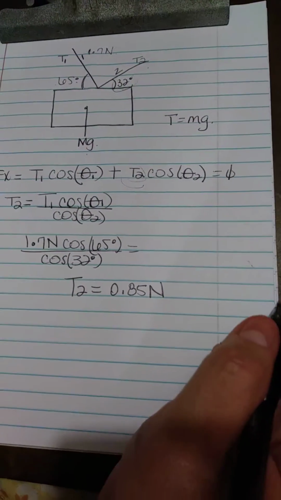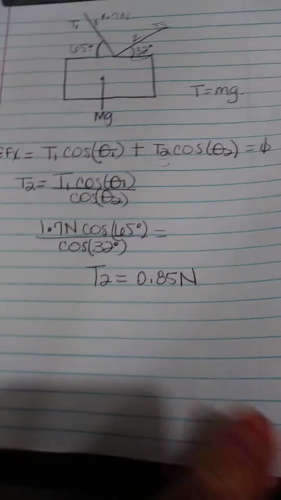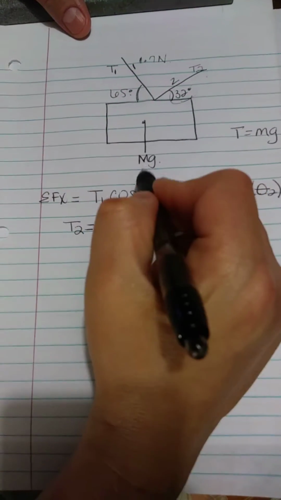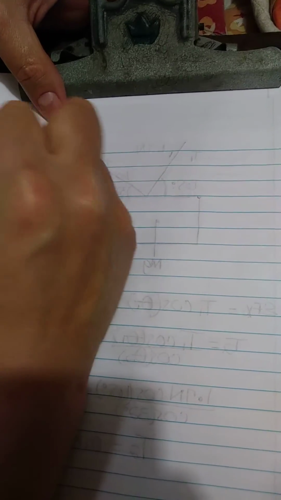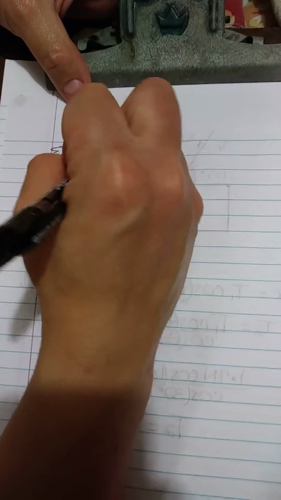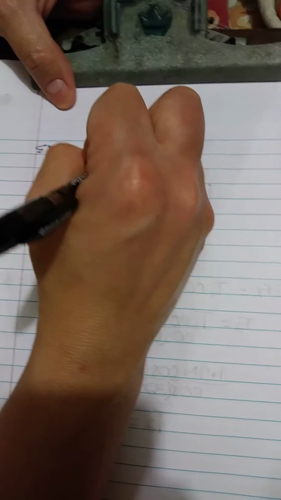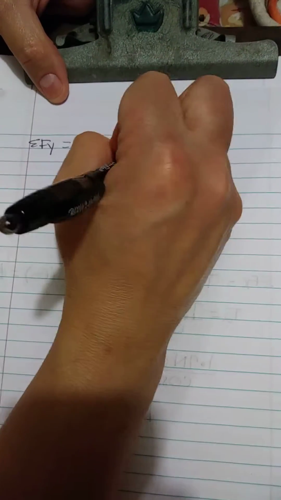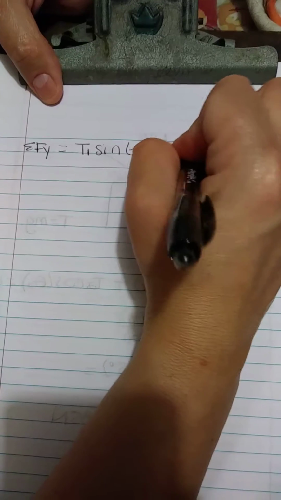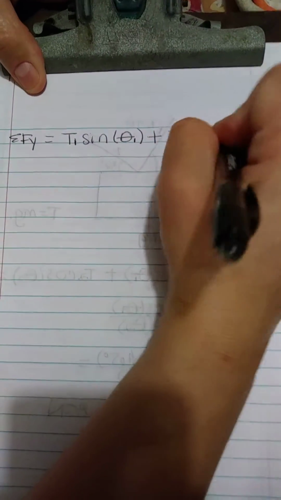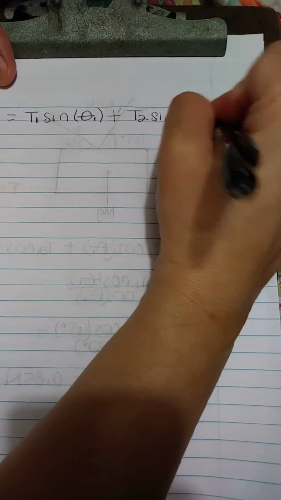Okay, now we need to solve for the weight, which is going to be in the y-axis, and our mg, the mass and gravity, are in the y-axis. So we need the sum of forces in y, which is equal to tension 1 sine of theta 1, plus tension 2 sine theta 2, minus W equals 0.